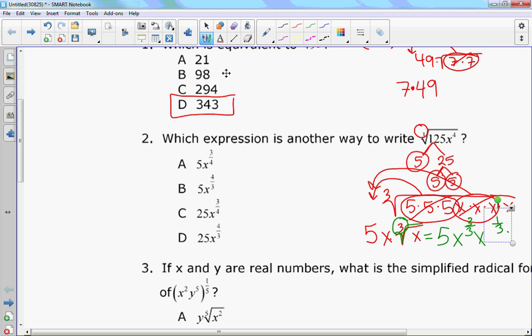So I go 3/3 plus 1/3 is 4/3. I'm out of room, but I'll put it up here: 5x to the 4/3. Does that match any of our answers? B. Unfortunately, today's test won't be multiple choice, so it will be up to you to do the steps properly to come up with 5x to the 4/3. That index is the denominator for a rational exponent. Rational means fraction exponent.